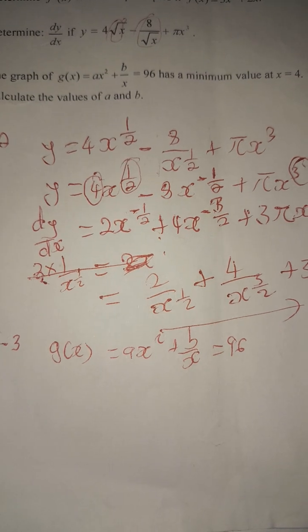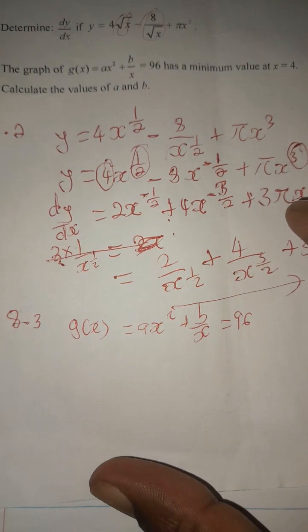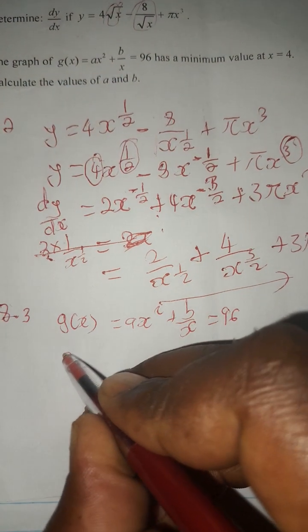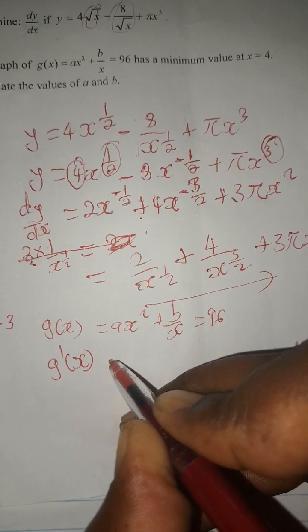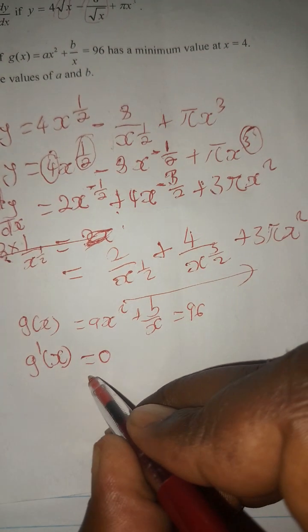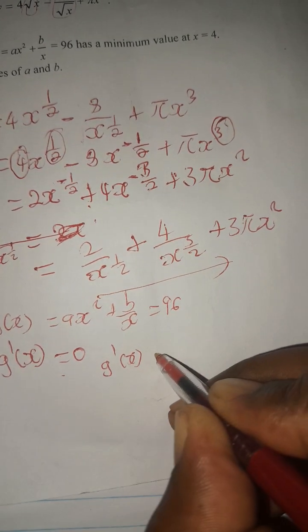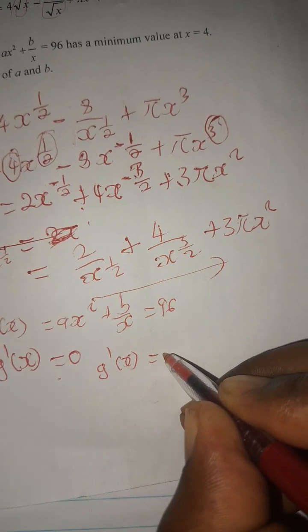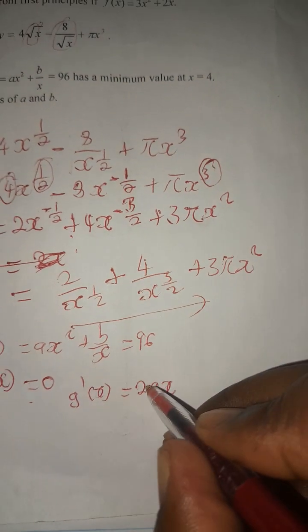So let's formulate equation 1. Let us differentiate this. Remember, the first derivative will always equal 0. So when you differentiate this, you are going to have 2ax. Oh, my mistake.